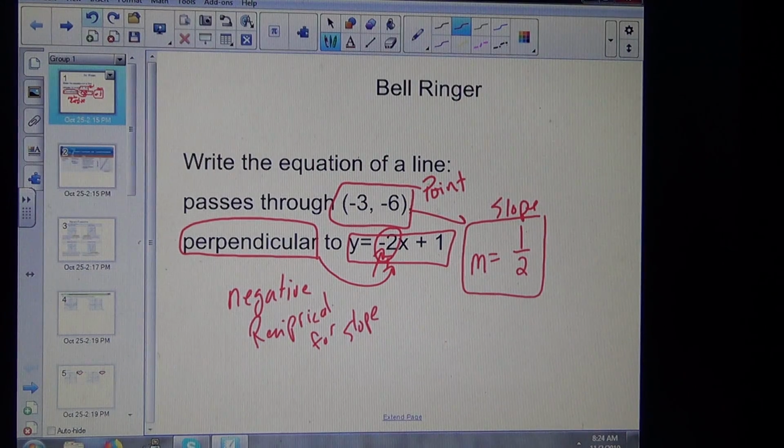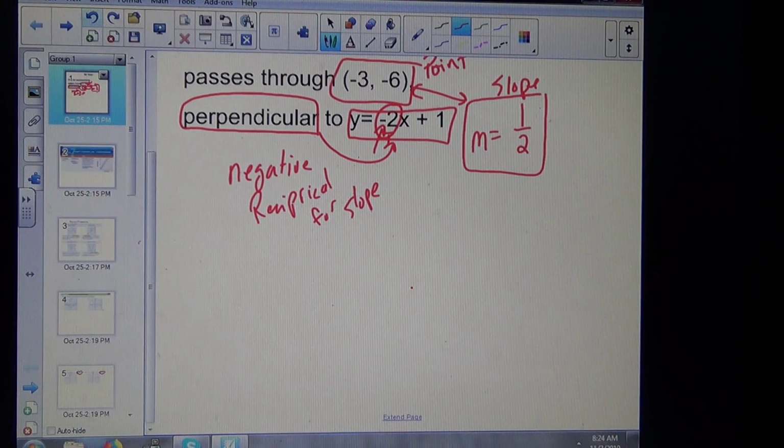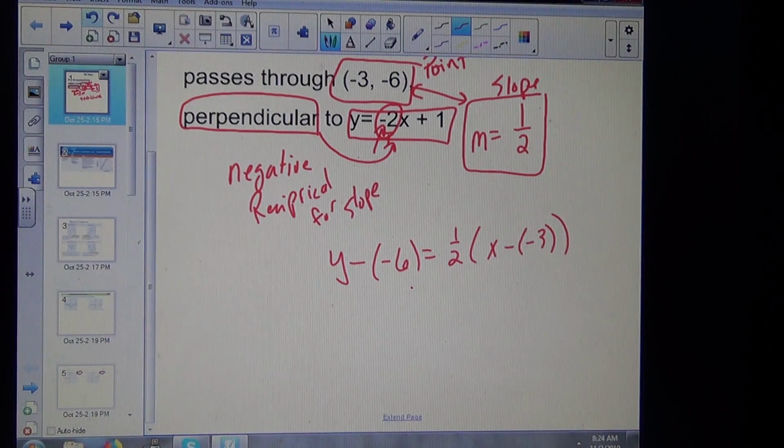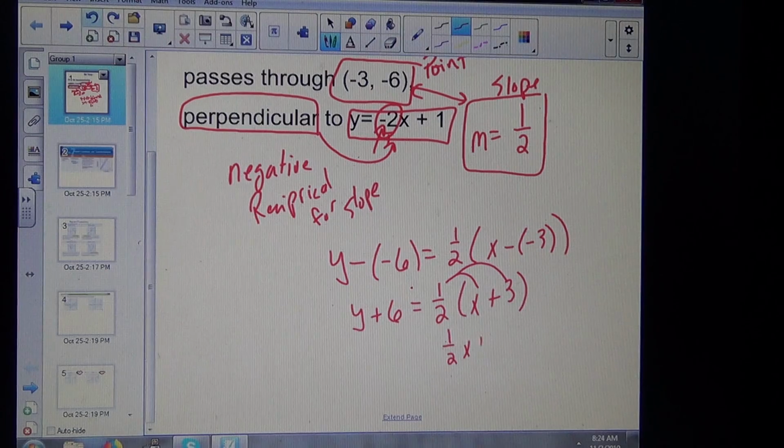My point is here, and I'm going to use the point slope formula, which is y minus my y value equals m, and then x minus my x value. Two negatives here make a positive. I'm going to make this a plus. I will distribute, and you get 1/2x plus 3/2 or 1.5.